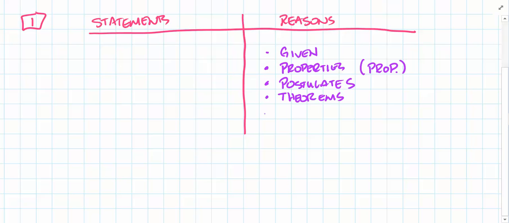We can also use definitions. Okay, and what do I mean by definition? As a little subcategory, right? I could have the definition of midpoint. I could use that as a reason. That's the definition of a midpoint. That could be a reason for a statement. The definition of maybe a segment bisector.